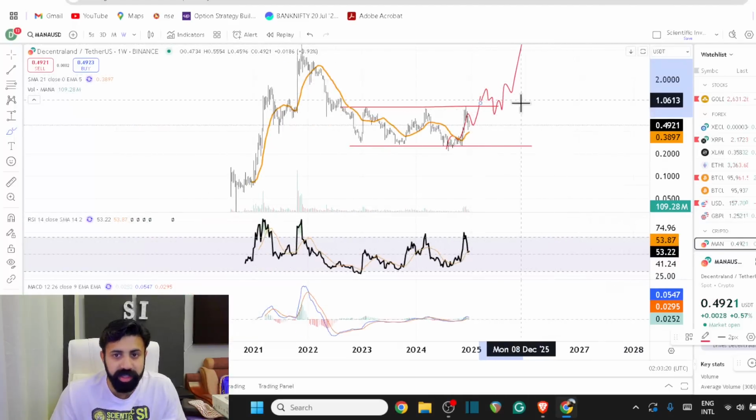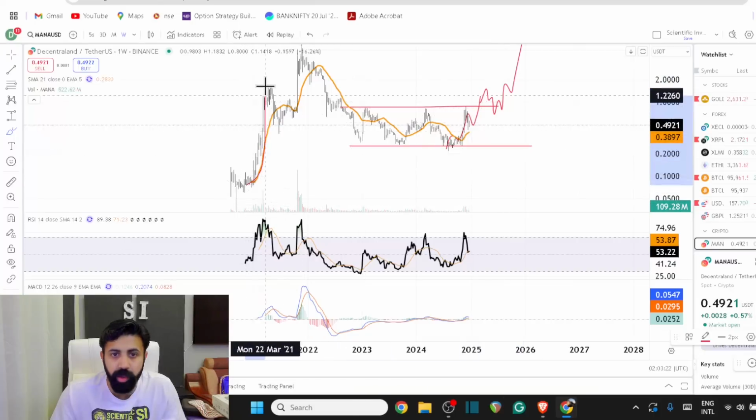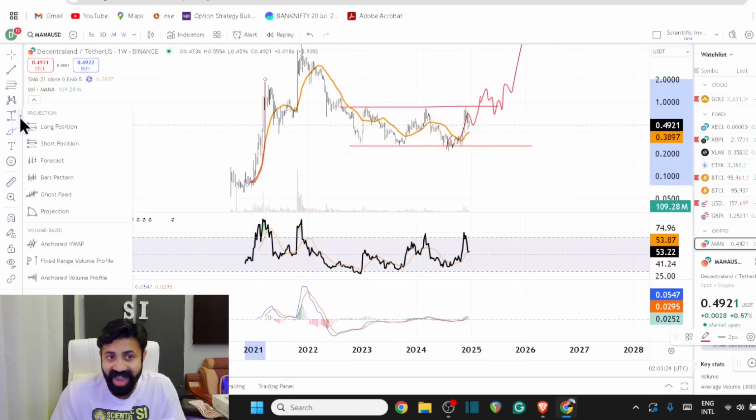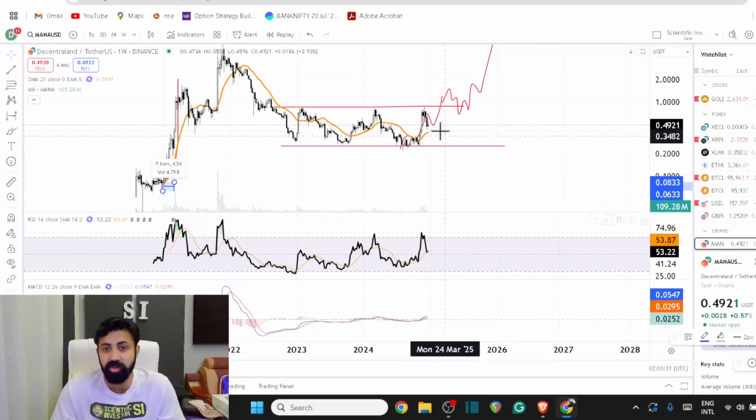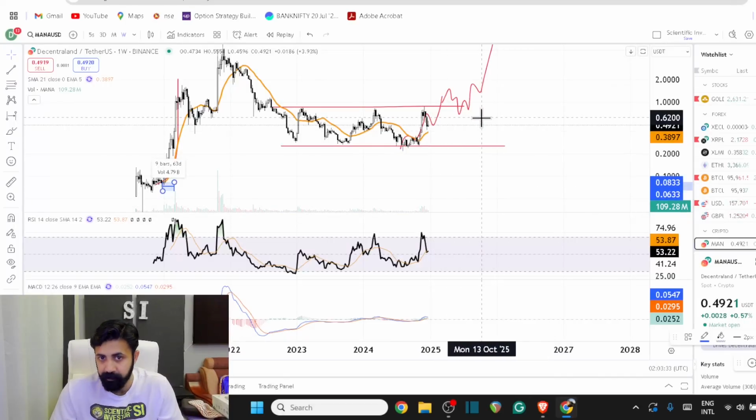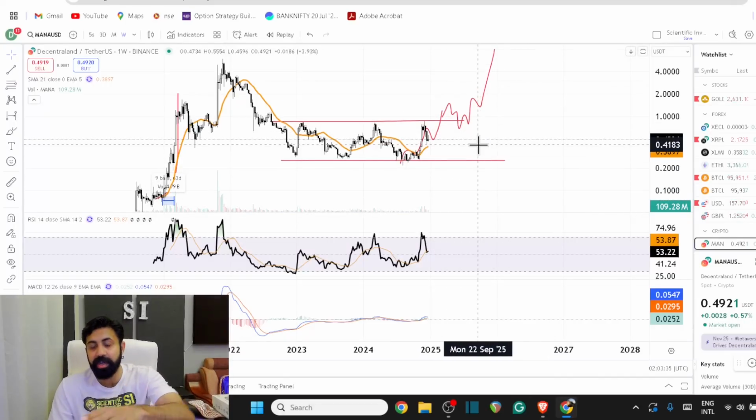But don't look for the time, because you all know how much time it actually takes for these segments to go up. When they start running up, they don't actually take much time. That's like 60 days, 2 months, 3 months, not a year. So this is just an indicator of the price action, not the time taken.